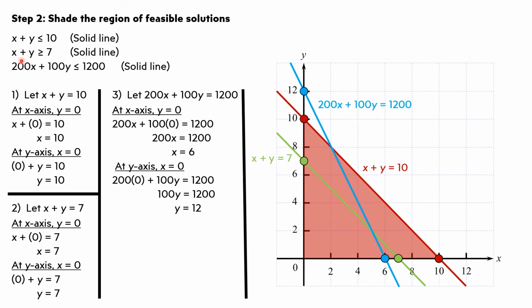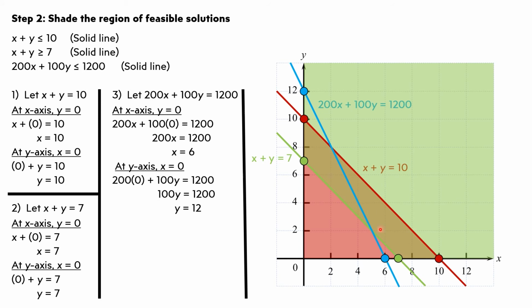Next is x plus y greater than or equal to 7. This green line is x plus y equals 7. Since it is greater than 7, we're going to shade the region above the line. So here is the second shaded region. Finally, 200x plus 100y is less than or equal to 1200.